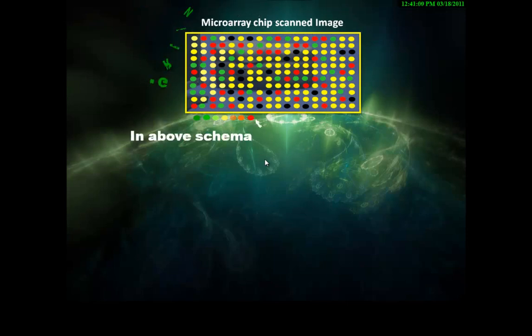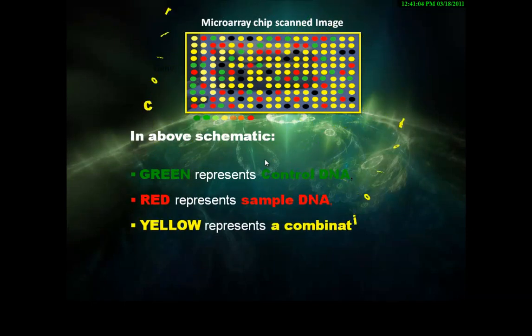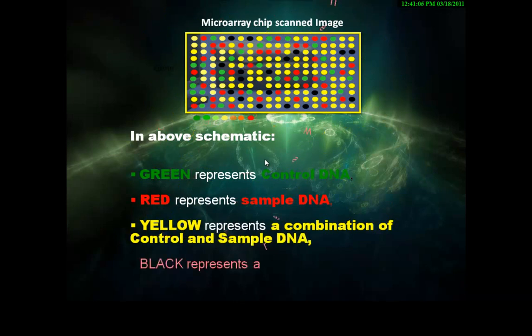The microarray chip scan image indicates the green colored spot representing control DNA, the red spot represents sample DNA, and yellow color represents a combination of control DNA and drought DNA. Some of the black spots represent neither control nor sample DNA.